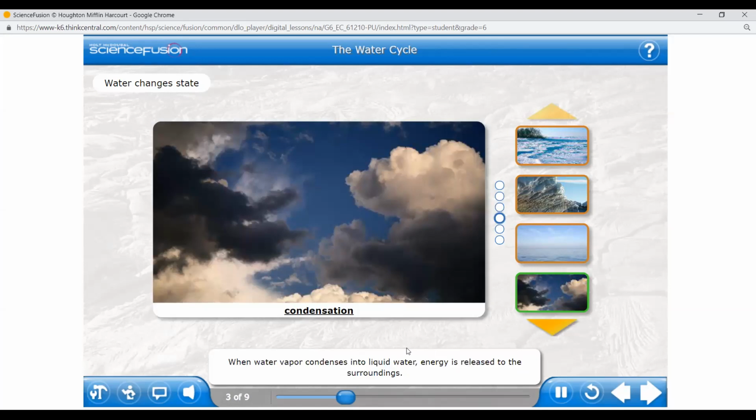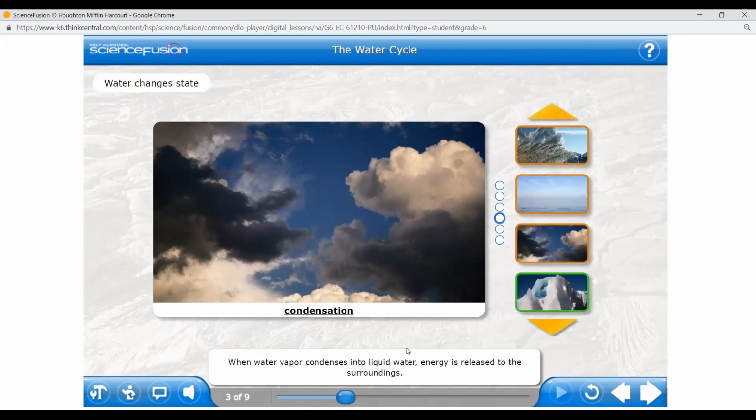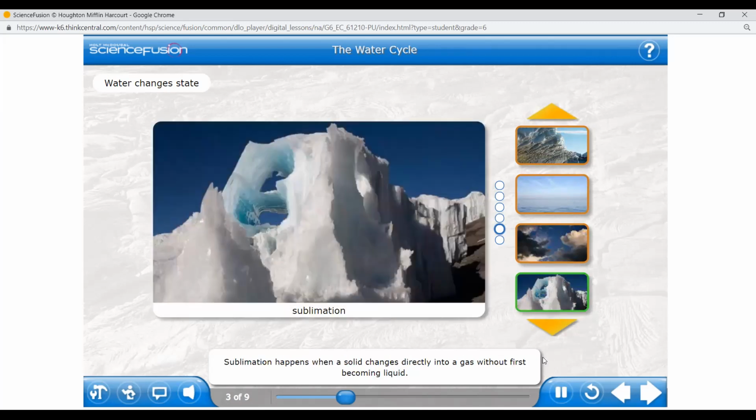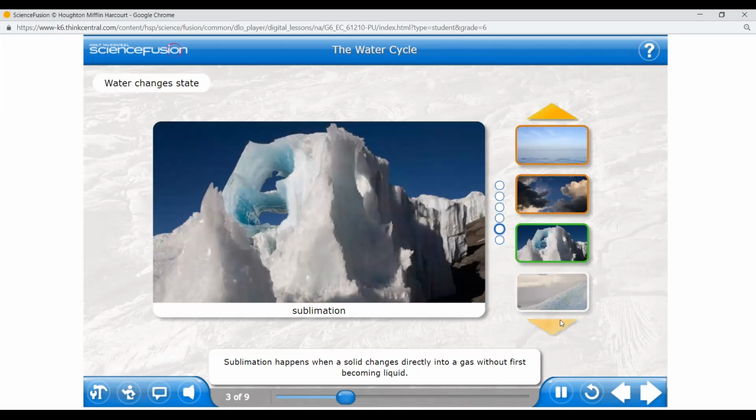When water vapor condenses into liquid water, energy is released to the surroundings. Sublimation happens when a solid changes directly into a gas without first becoming liquid. When water sublimes, it is absorbing energy from its surroundings.